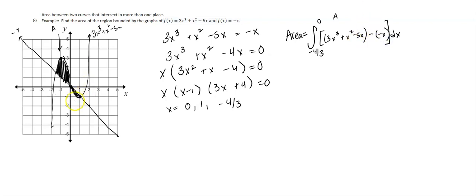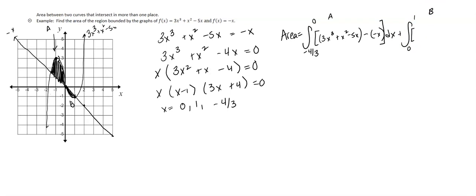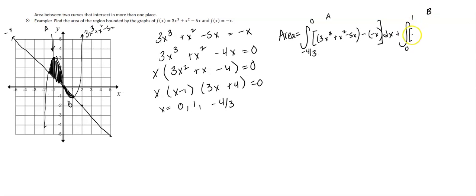All right, and then for the section of the graph that we'll call B, B is going to go from 0 to 1, and on this particular one, it looks like the negative x is the higher function. So that's going to be the first one, and then we're going to subtract the cubic function. And we'll integrate separately. So with each of these, I'm going to simplify anything that I can first.